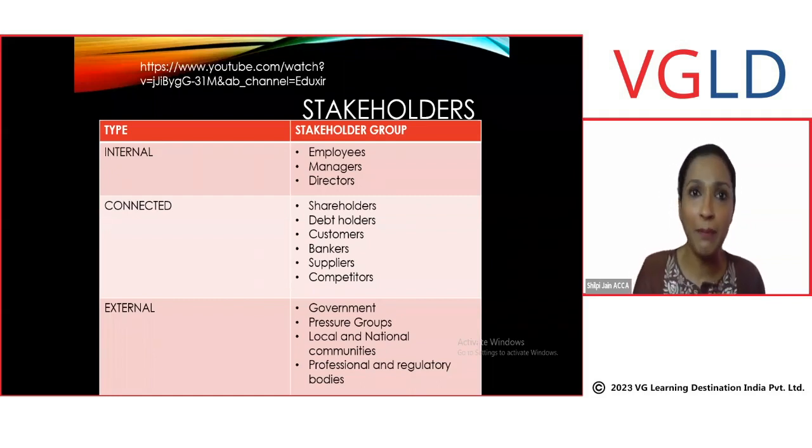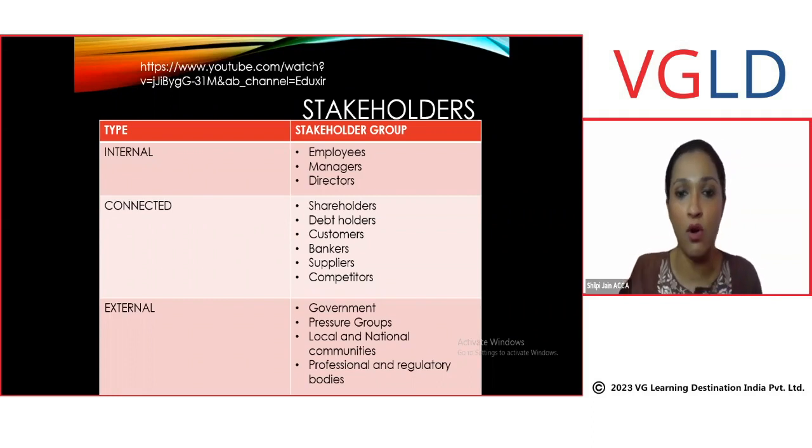Then there are people who are connected with the organization, connected because they get impacted by the performance, by the decisions, by what is happening in the organization. And this includes the shareholders, the people who have given you debt, the customers, the bankers, the suppliers, the competition itself. So all of these are groups of stakeholders who are connected with the organization.